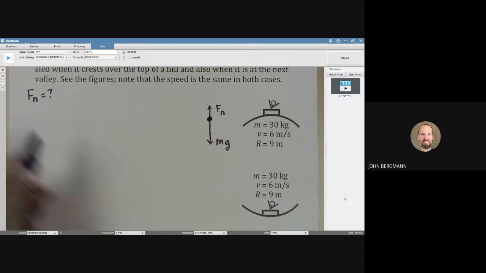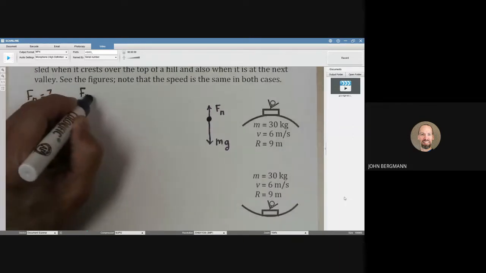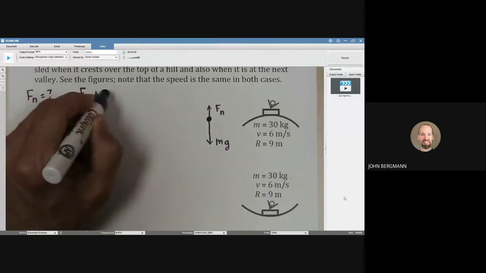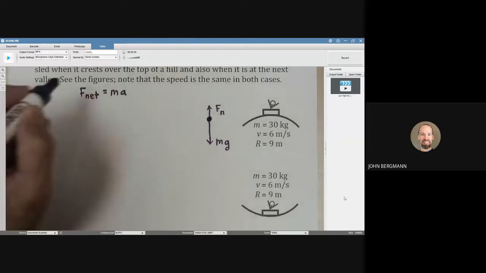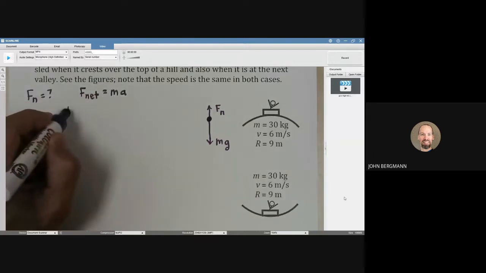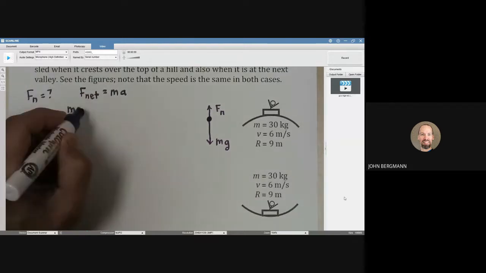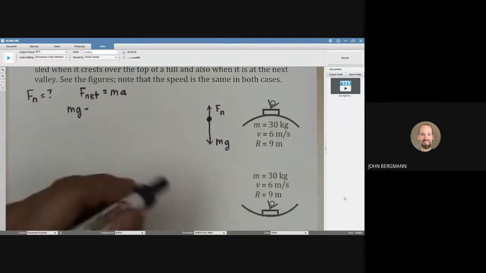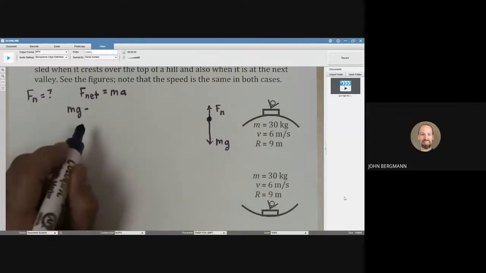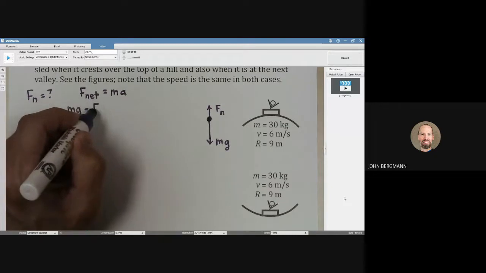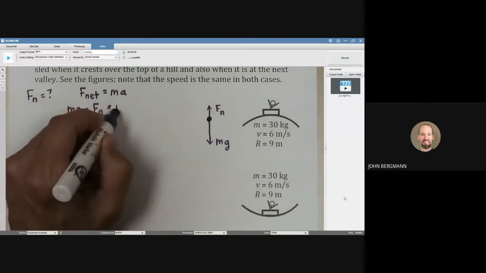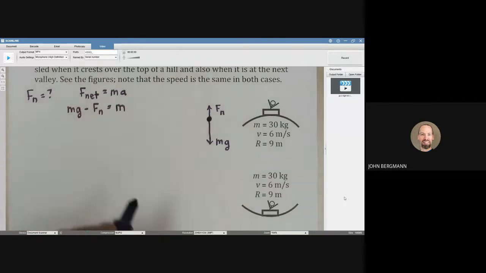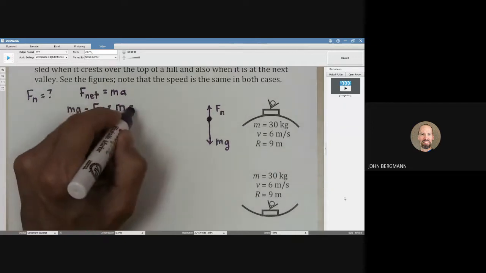Let's do Newton's second law. We've written it 1,000 times. The net force is equal to the mass times the acceleration. I always choose positive to be the direction the thing is accelerating. So mg minus Fn, and that's going to equal the mass of the object times the acceleration.